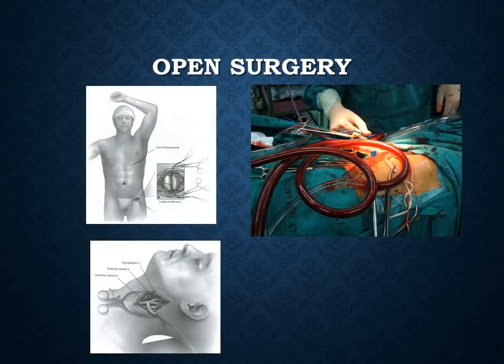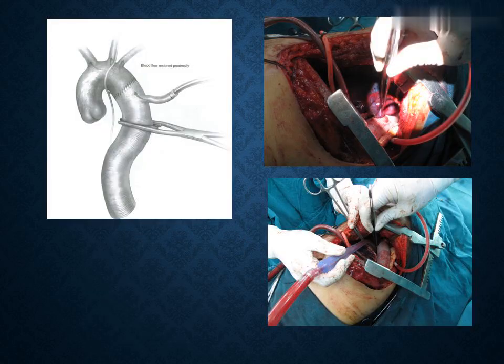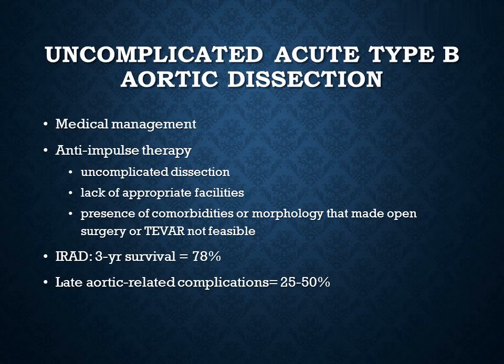Open surgery. Uncomplicated acute type B aortic dissection. Medical management, anti-impulse therapy.